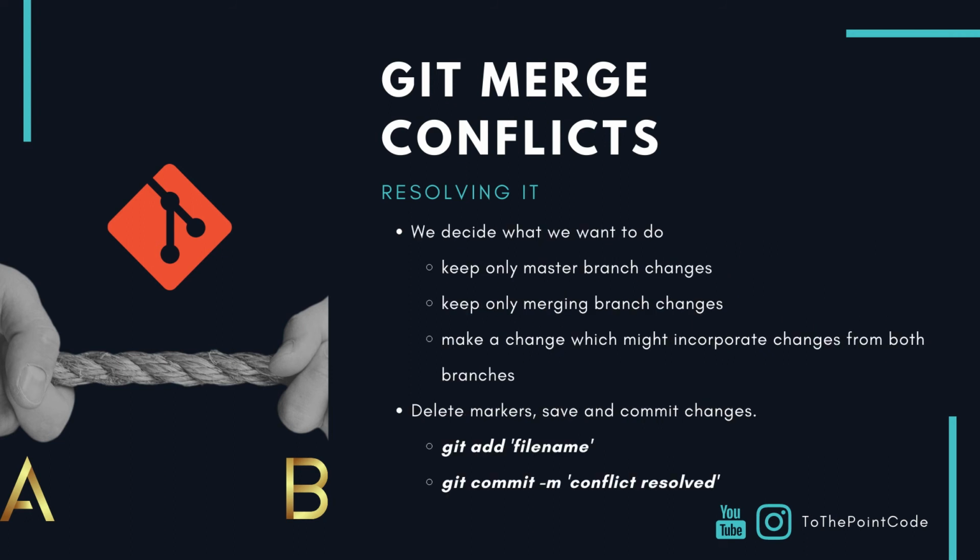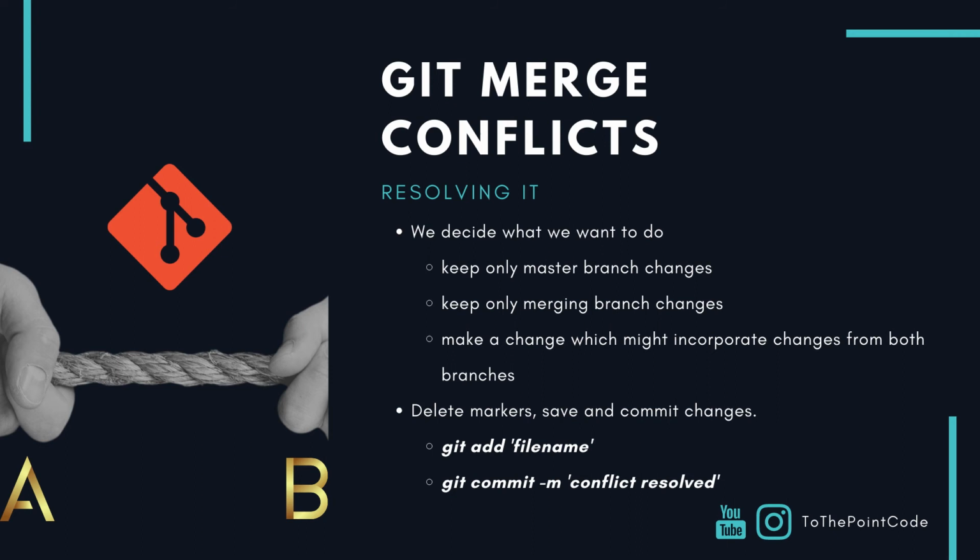So to fix the conflict, it all depends on us. We have to decide what we want to do. So first of all, we can decide to keep changes from the master branch only, that is the receiving branch. Also, we can decide to keep changes coming from the merging branch. In this case, that will be our text color branch.